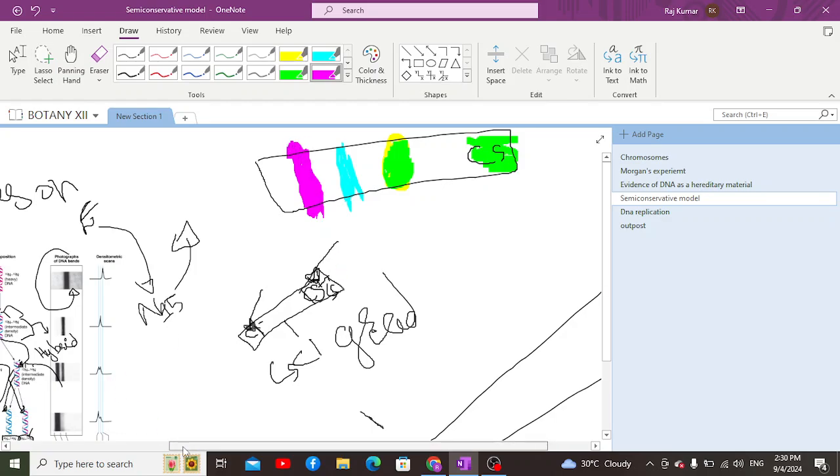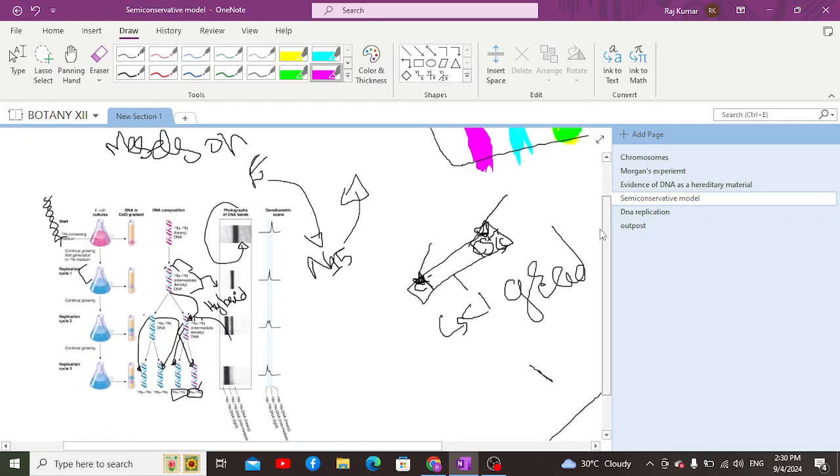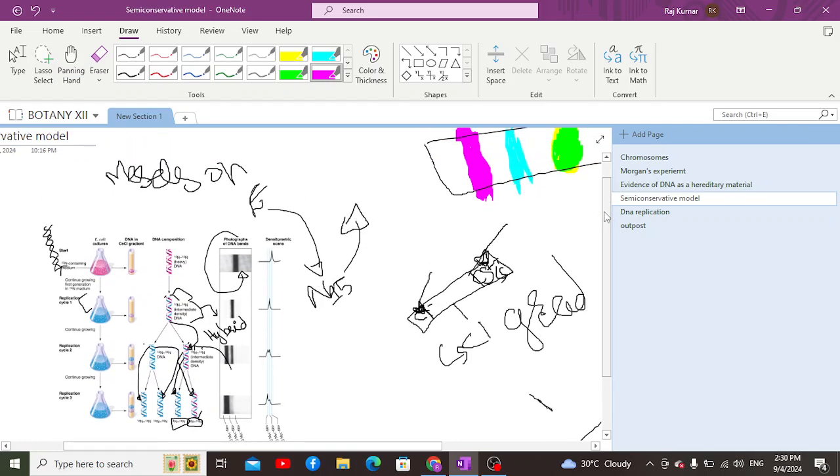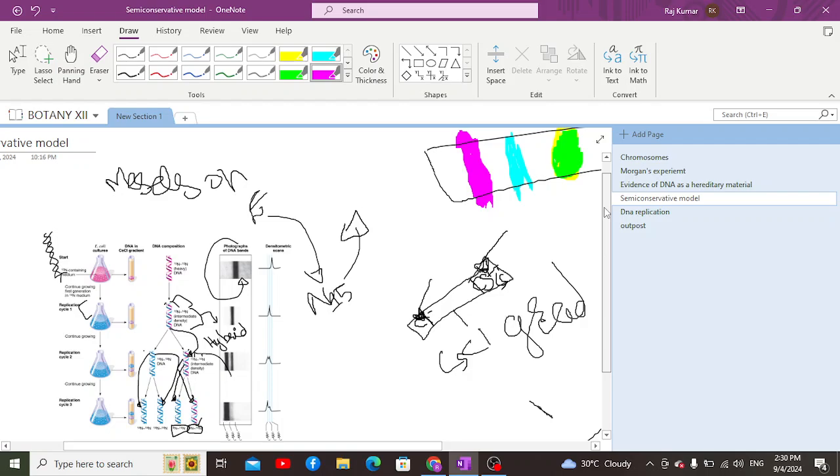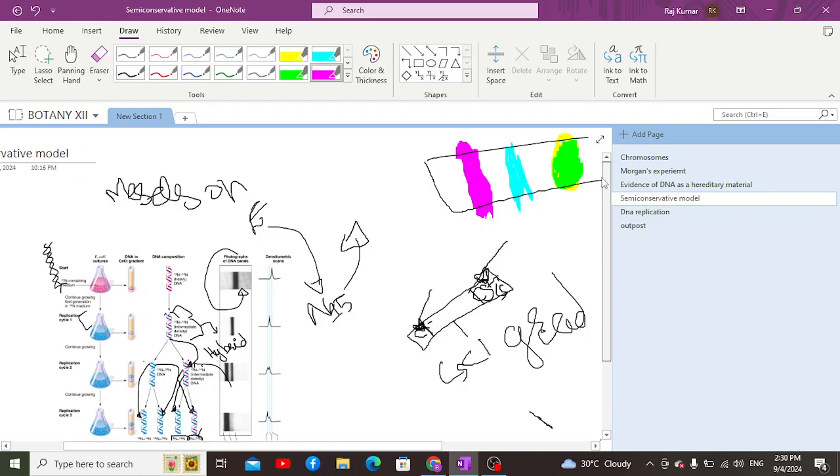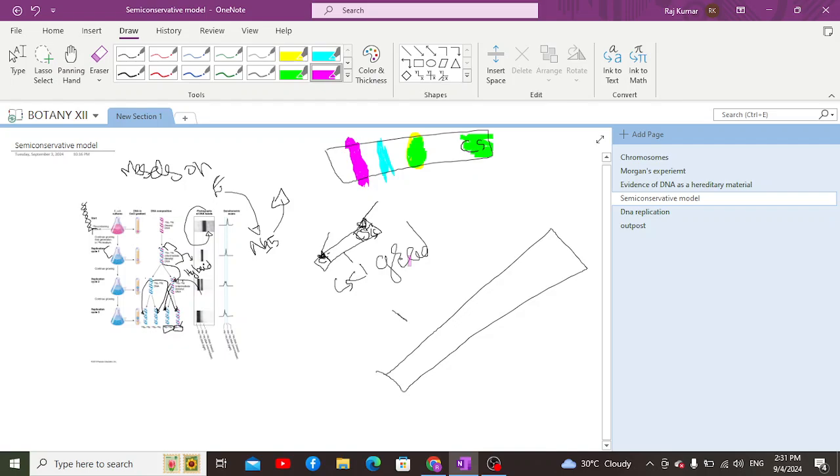At that moment, due to the decrease of the heavy isotope nitrogen from one replication cycle to another, they understood the point that DNA replication follows a semi-conservative model in which the already present parent strand serves as a template strand to form the daughter strand, which is formed by the addition of nucleotides and enzymatic activities.